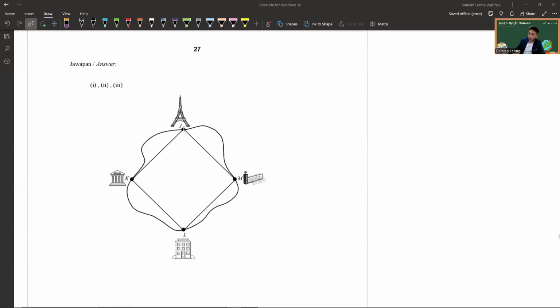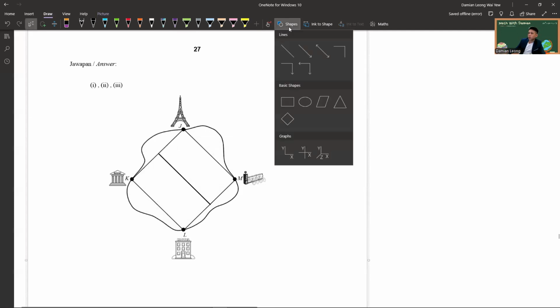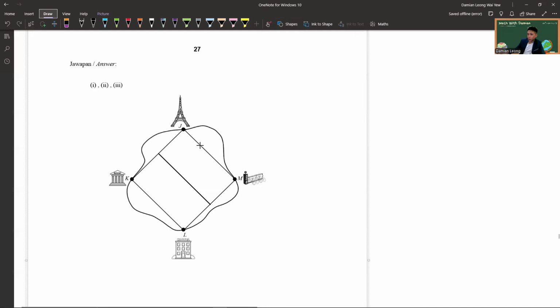It is basically a line parallel to the JM and KL, right in the middle, right in between. So how do we do that? We measure from J to K, half the distance.